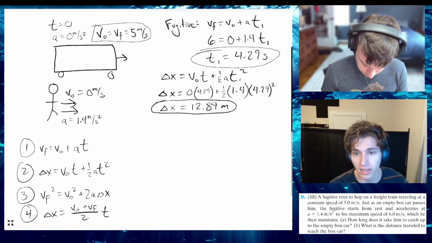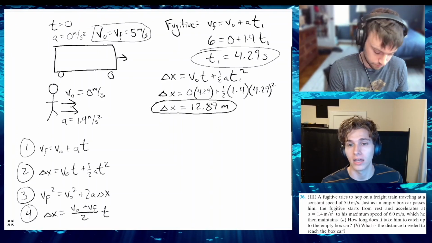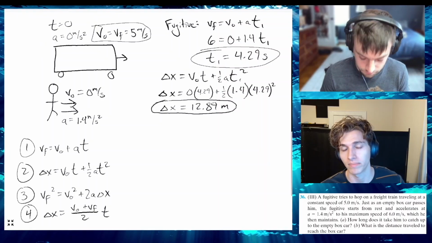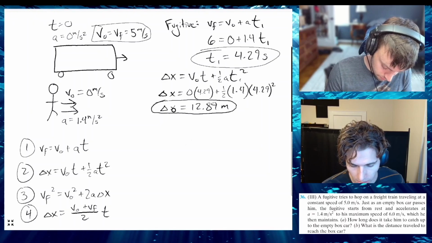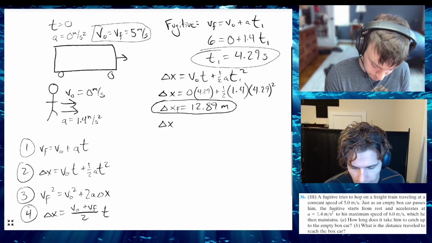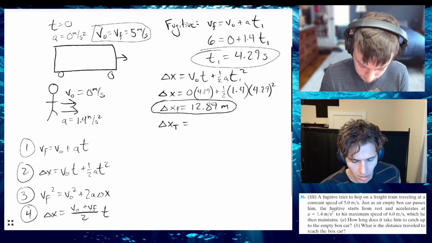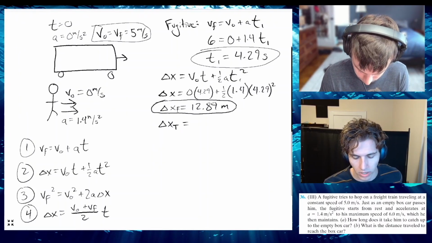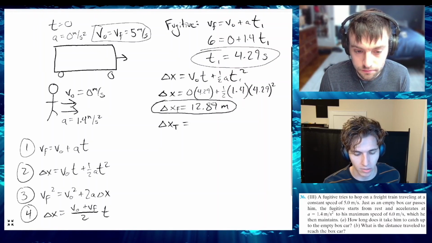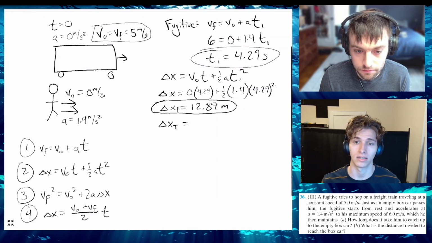Let's just verify that he hasn't caught the train by calculating how far the train traveled in that same amount of time. Okay. So this is delta x for the fugitive. We're going to do delta x for the train. Matt, what equation should we use here? Or how should we fill in our second kinematic equation to solve for the train's distance?